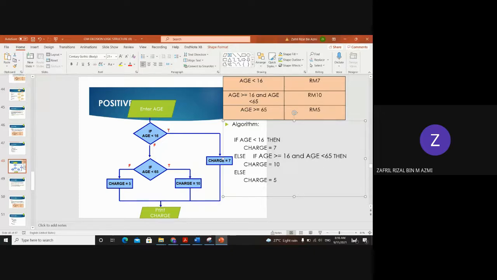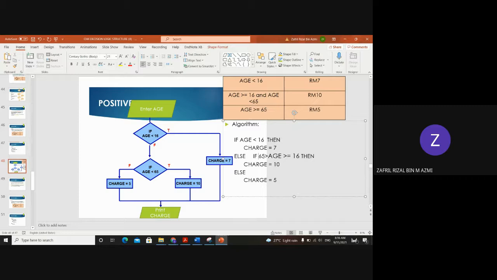Earlier we have age less than 65. That one is correct. But some of you will write it like this, the wrong version. This is a common mistake. If you write like this, you are not going to get any marks for this decision, because this is not understandable by the compiler.